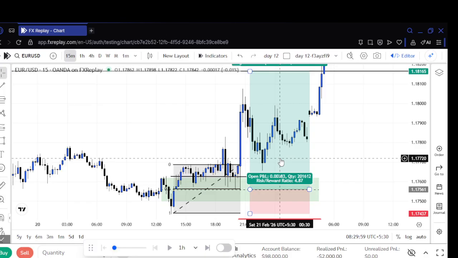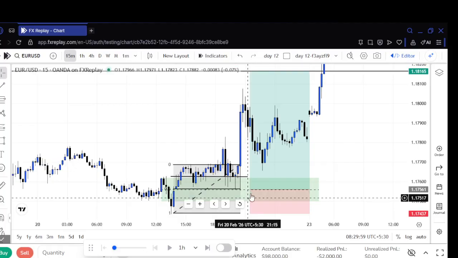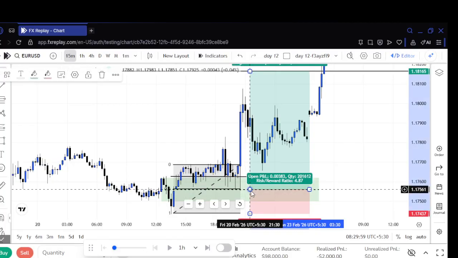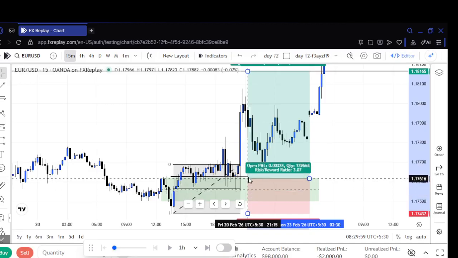But it would be a rare case if we entered there, because due to some spread, our order does not get triggered. So we can be entering here, or here also.